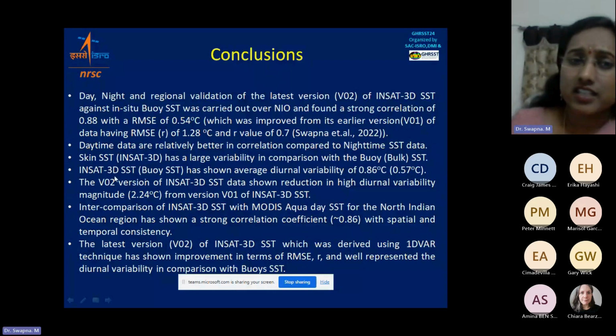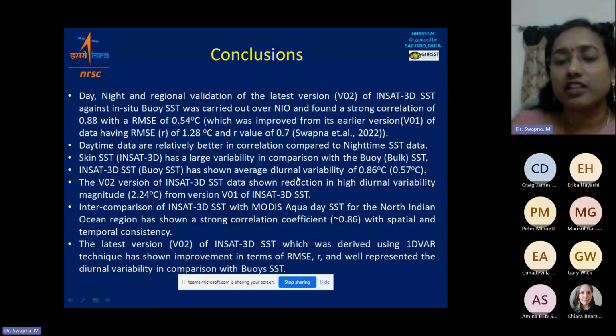INSAT-3D SST has shown a high average diurnal variability of around 0.86 degrees centigrade, whereas buoys have shown 0.57 degrees centigrade.